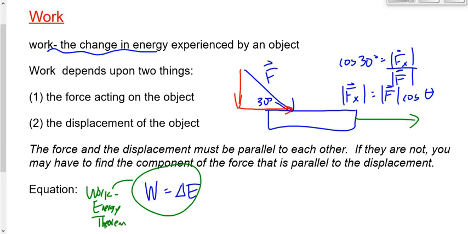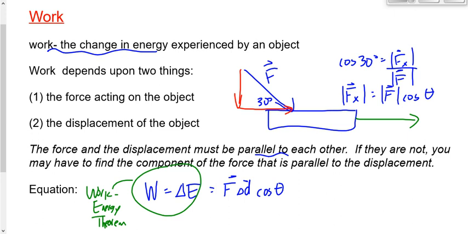The work, or the change in energy, is equal to F times d, but only the part of the force that causes the movement, which is the parallel part of the force, which is the x component of the force. Nice thing about this equation, you usually see it, including on your data sheet, with the x component found for you.